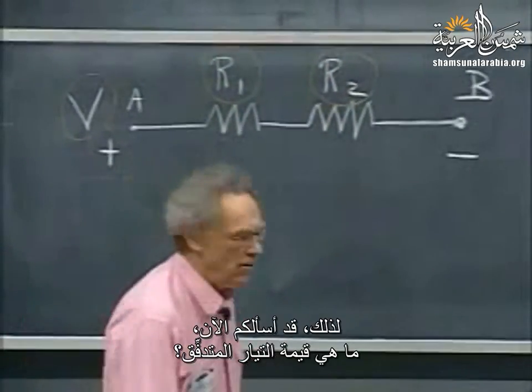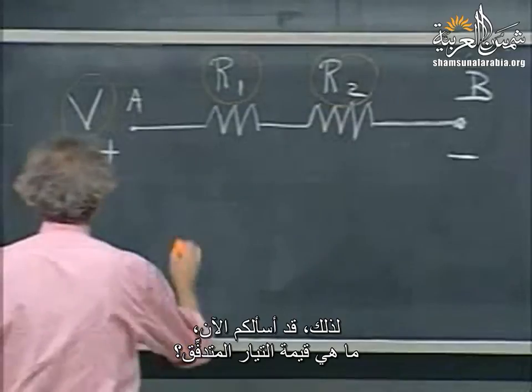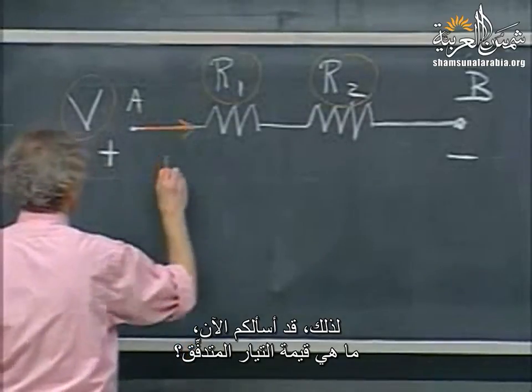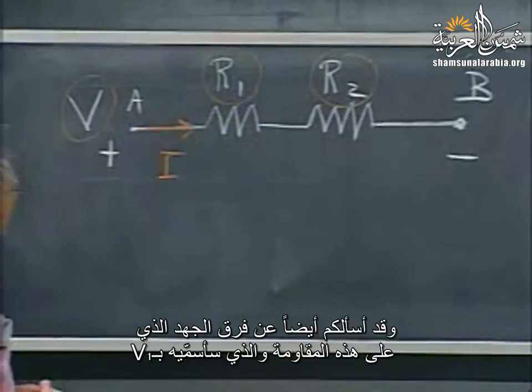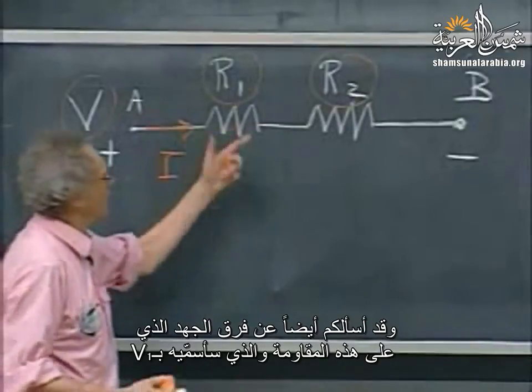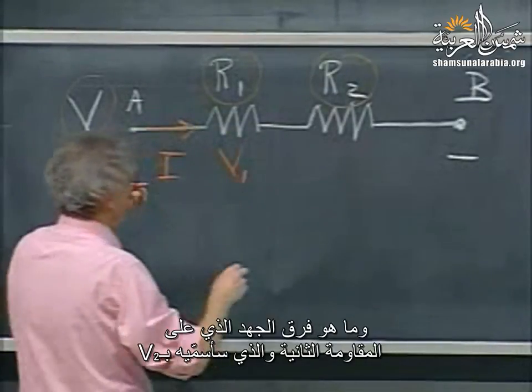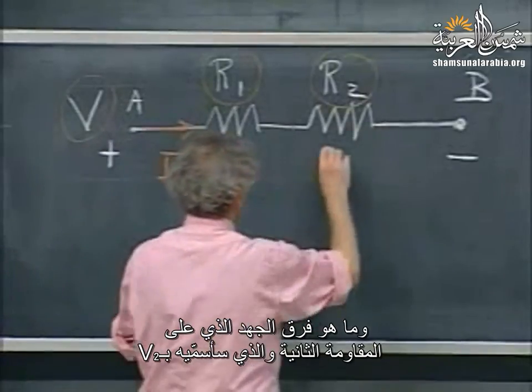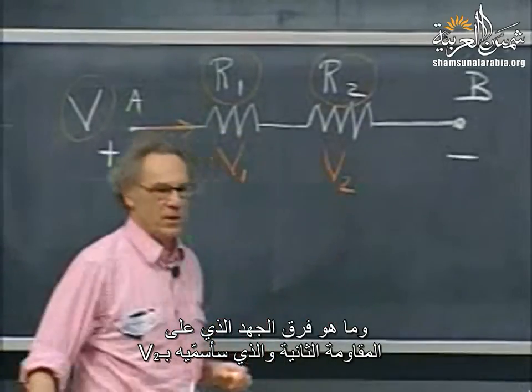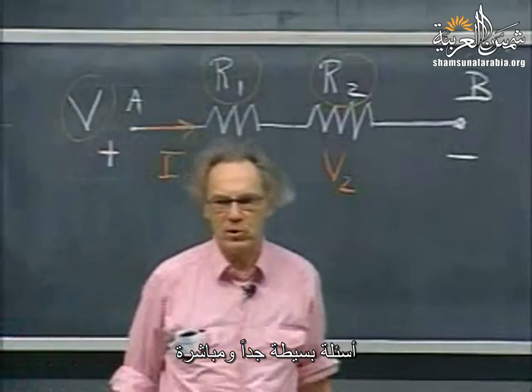So I could ask you now, what is the current that is going to flow? I could also ask you then, what is the potential difference over this resistor alone, which I will call V1, and what is the potential difference over the second resistor, which I call V2? Very straightforward question.